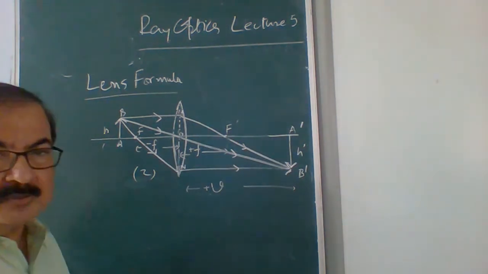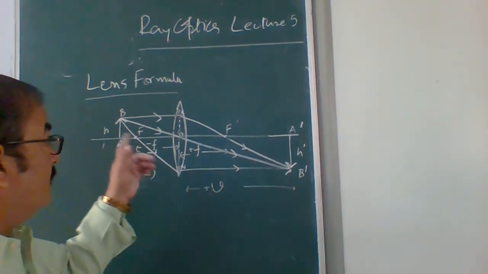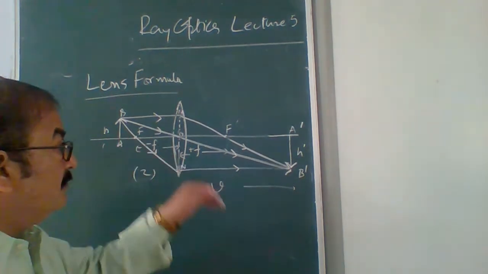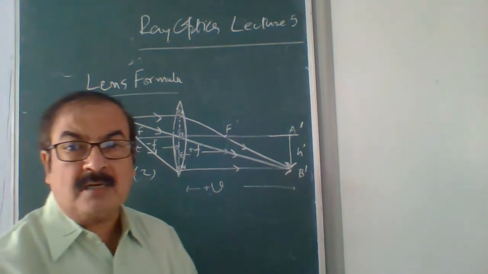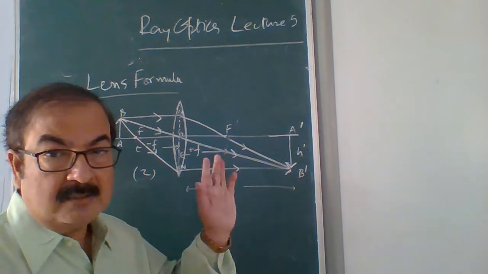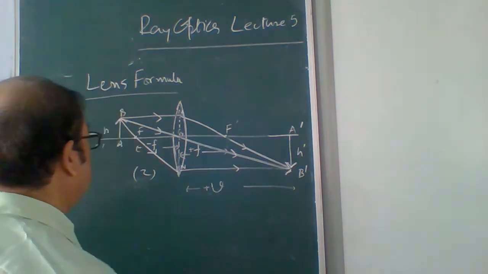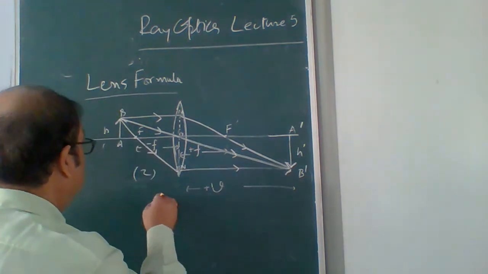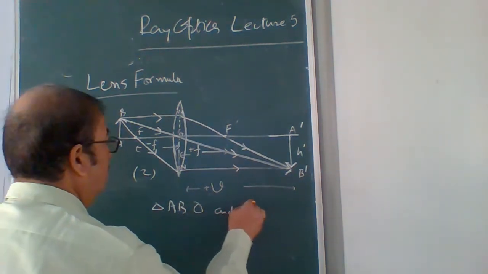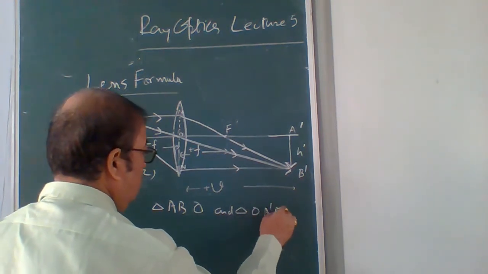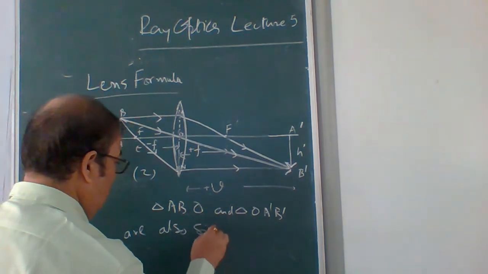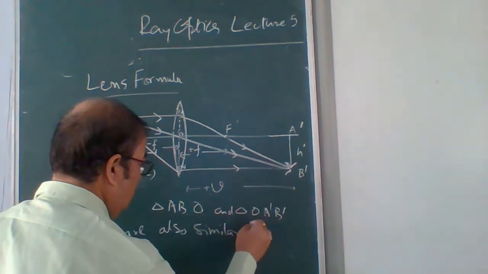Here we can also take a ray of light which directly passes through the optical center. That will come out undeviated, in a straight line. So now we can see that triangle ABO and triangle OA'B' are also similar triangles.